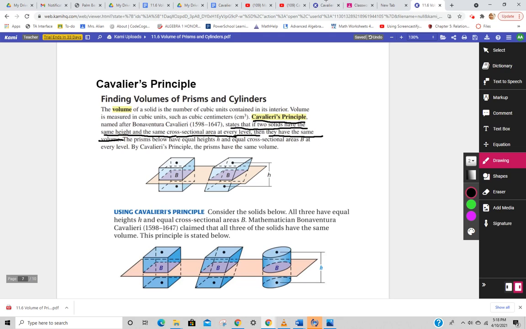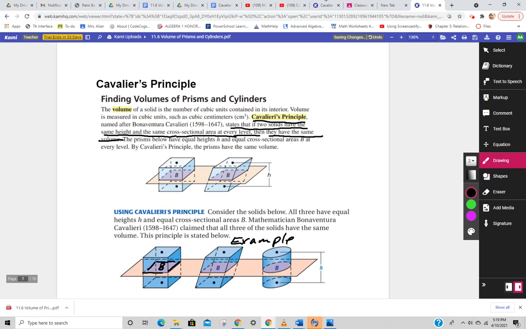All right, so we have these two rectangular prisms. This one is a right rectangular prism. This one here is oblique. And I have another example here. I have 2 rectangular prisms here and a cylinder. So what this principle says, if you cut out a cross section, and they've highlighted this in purple, so B represents a cross section.